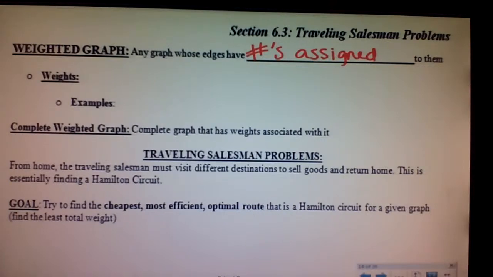So we're now assigning numbers. Okay, so a weight is the number along the edge or along each edge.